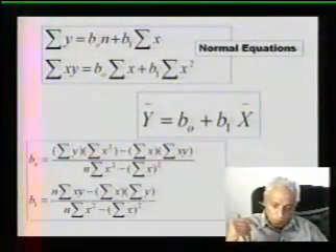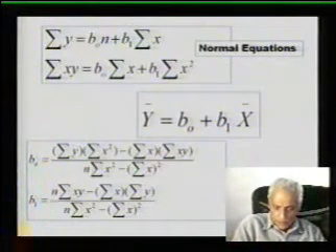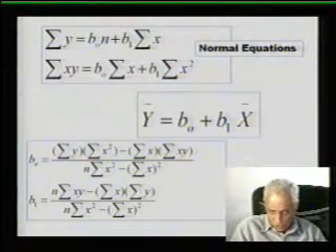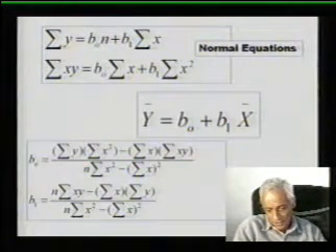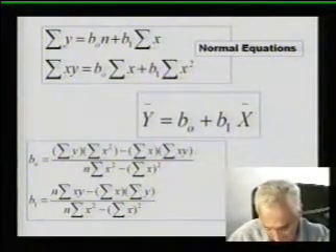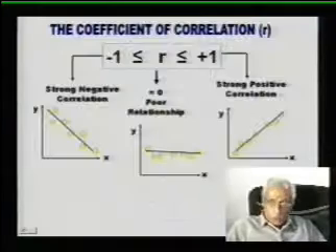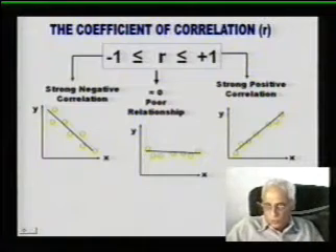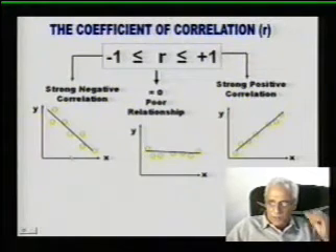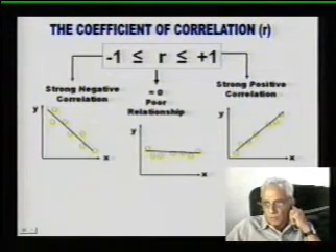Before we go any further, let us define the correlation coefficient that we have reviewed earlier without any mathematical details. We already know the physical meaning of the coefficient of correlation. We know the limits of it. We know what it means to have a perfect negative or perfect positive correlation.